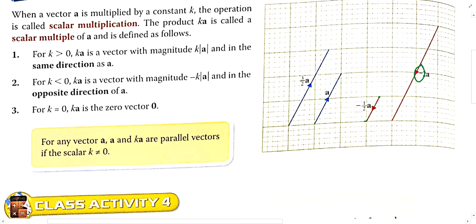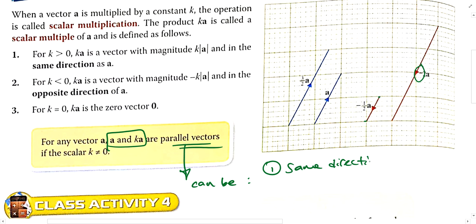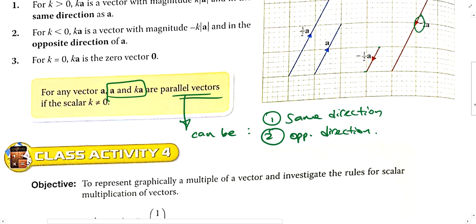So for any vector A and KA, they are parallel to each other. Please include at this point, parallel can be: 1, same direction; 2, opposite direction. These are the only two possibilities. Can you please include it in your textbook?